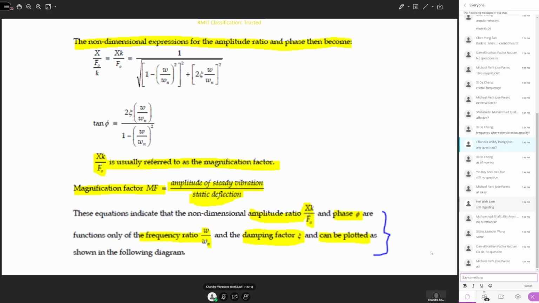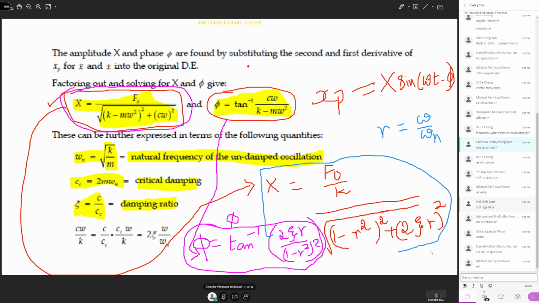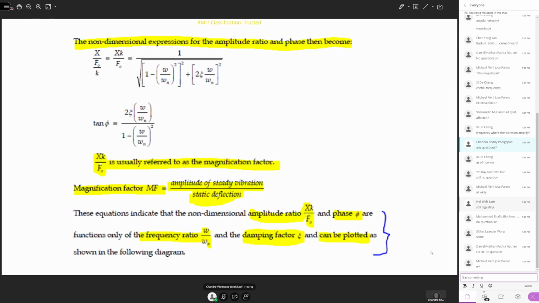So from the previous expression, we can write the ratio of x over f naught over k. So focus on this equation.